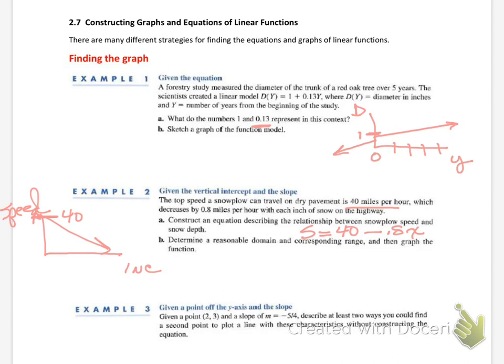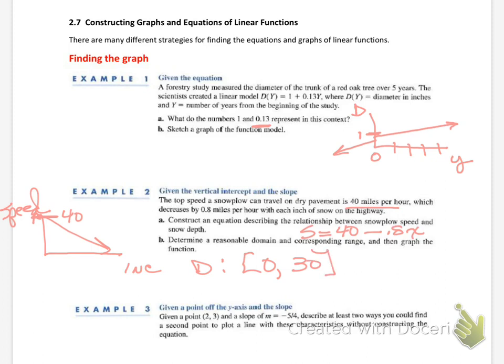Okay, so what's reasonable for the domain? Let's say we'll start at 0. Remember, the domain is the snow, in inches, with each inch. I don't know what's reasonable for inches. Maybe 30 inches will be the most we'll really consider.